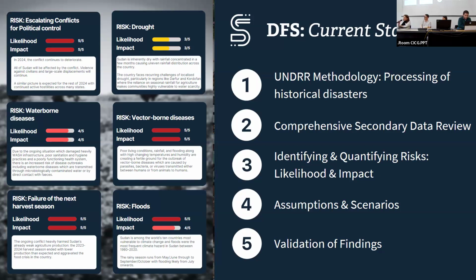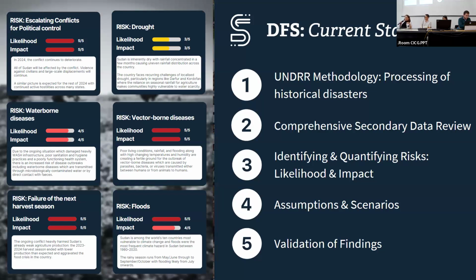So the UNDRR methodology really is focalizing on how to integrate risk analysis into building decision making. They follow 3 big steps: risk analysis, scenario planning, and response planning. With DFS for now, we're really focusing on the first 2, risk analysis and scenario building.